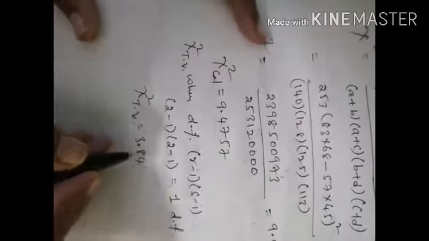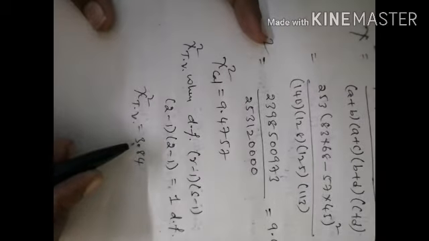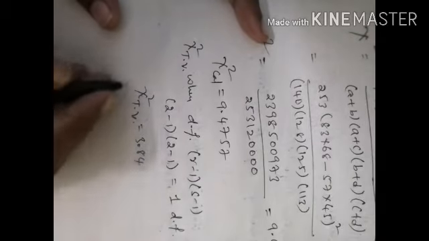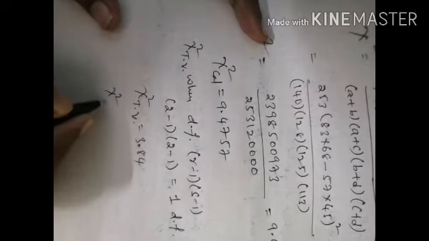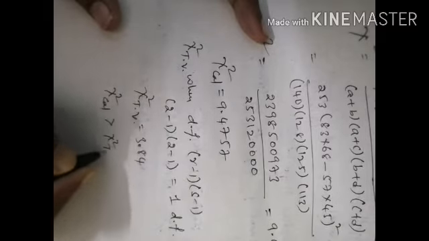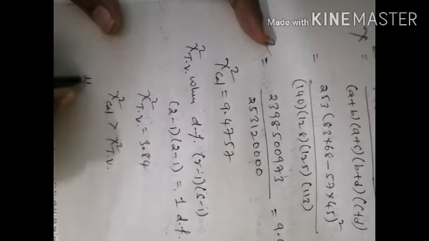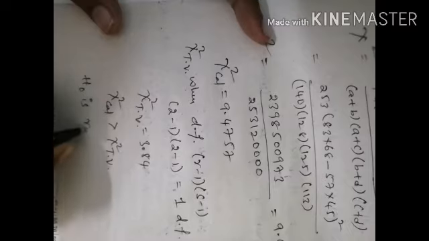So chi-square calculated value is more than the table value, which means H0 is rejected.